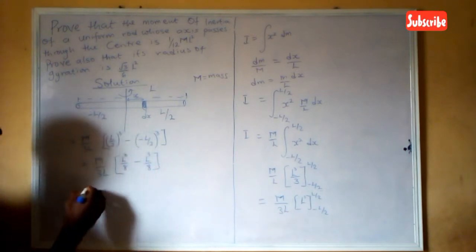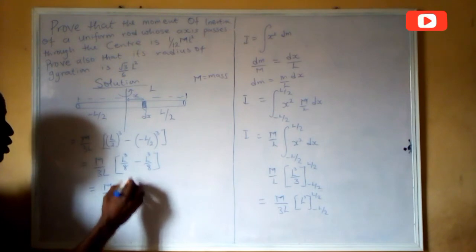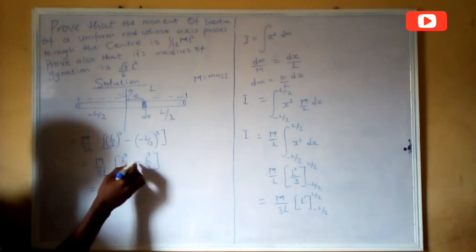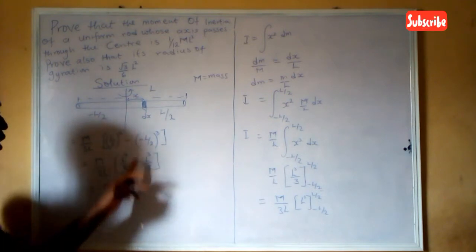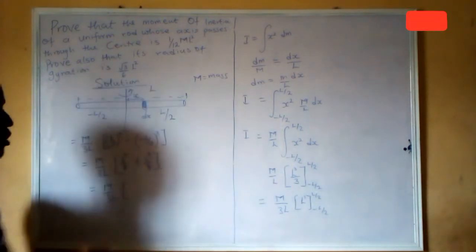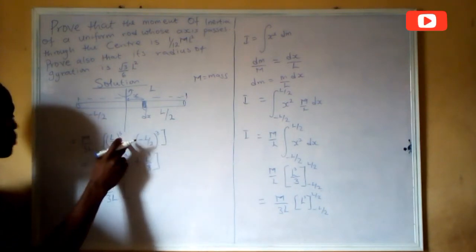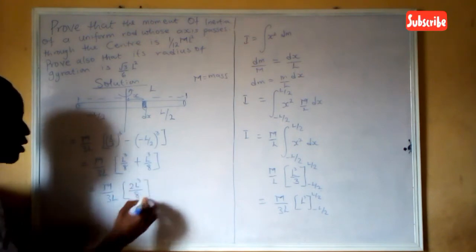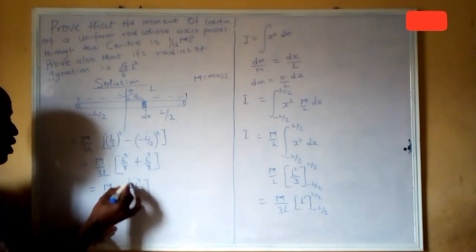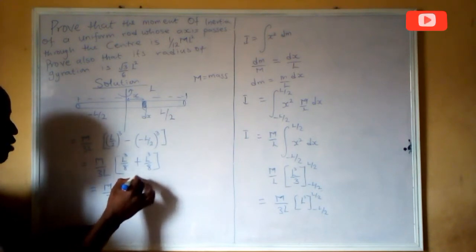So now we have M over 3L into, because of the minus sign, the minus times this minus gives us positive, so 2L cubed over 8. By the time we break it down, we have 1 here, we have 4. Then L can also go here, we have L squared.